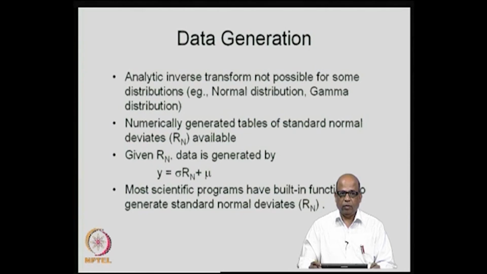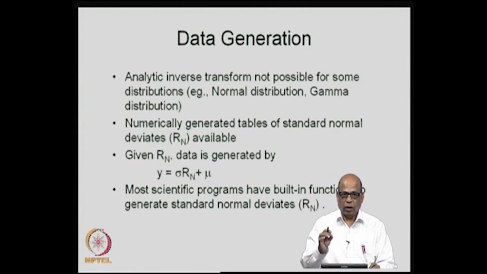For example, in the case of the normal distribution, what we do is we use the standard normal distribution. You transform, that is, z is equal to (y minus y bar) by sigma, and then solve for y. So, for various values of z you should be able to get y. How do we generate these various values of z?